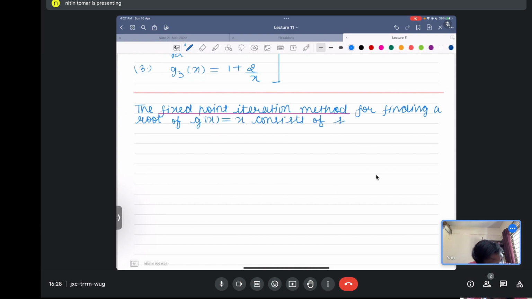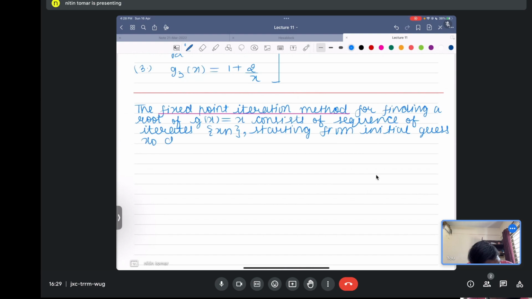It consists of a sequence of iterates x_n, starting from initial guess x naught, defined by x_n equal to g of x_(n minus 1).